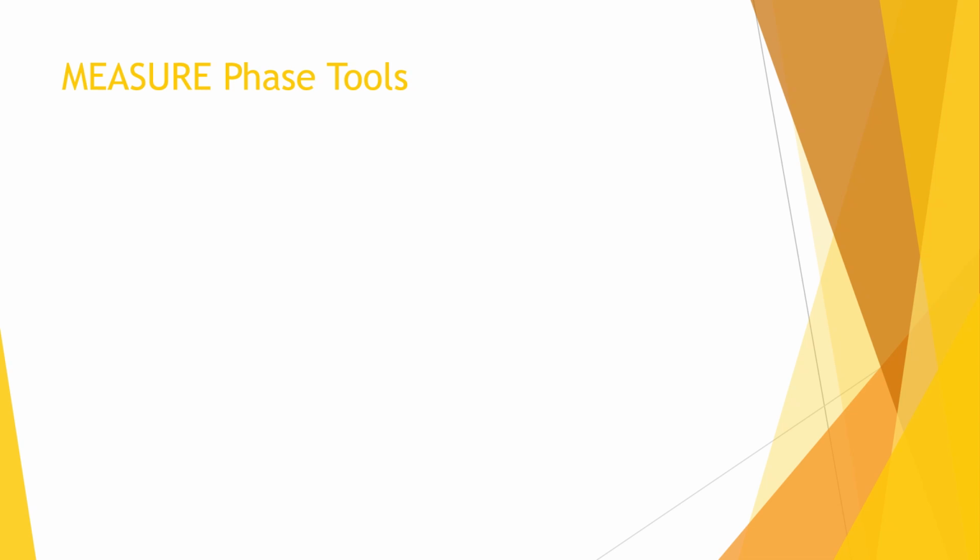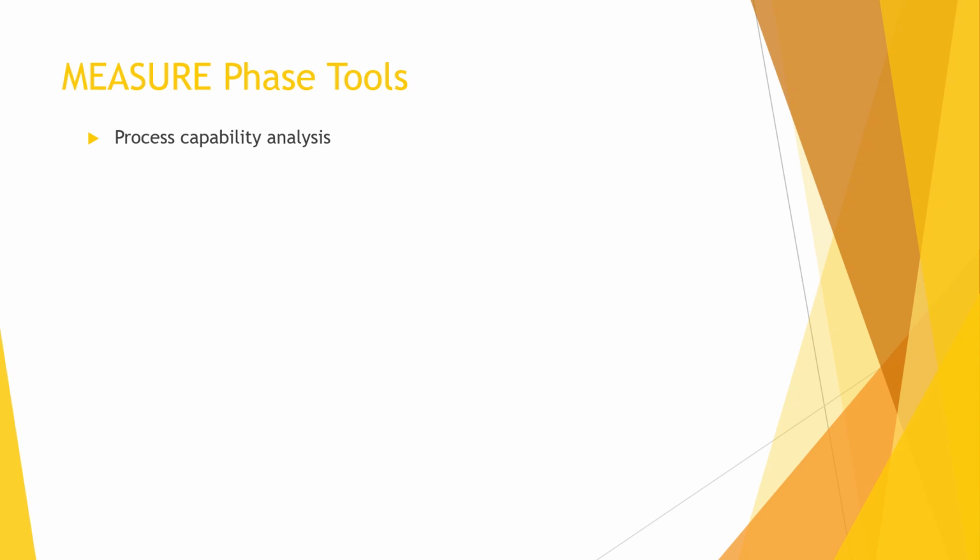Measure phase tools. These include the process capability analysis. And y'all should know that when you're looking at the process capability at the baseline, at the pre-improvement, just where you are currently, your process may not be that capable.